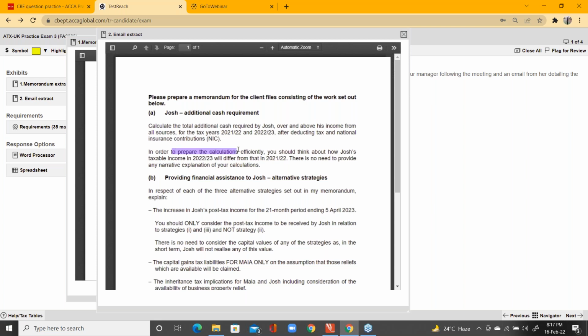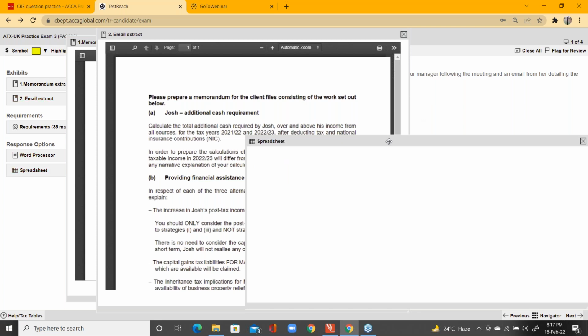In order to prepare the calculations efficiently, you should think about how Josh's taxable income in next year will differ from that in 21-22. There is no need to provide any narrative explanation of your calculation. Very important point. There is no need to give narrative of your calculations. So it means this part of the question purely pertains to the calculation aspect.